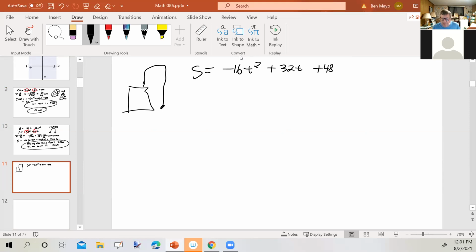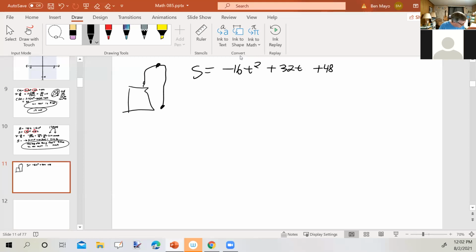So t stands for time in seconds, S stands for the height of the ball, right? Okay. It says find the maximum height reached by the ball and the time it takes for the ball to hit the ground. So we want to know the maximum height and when it hits the ground.